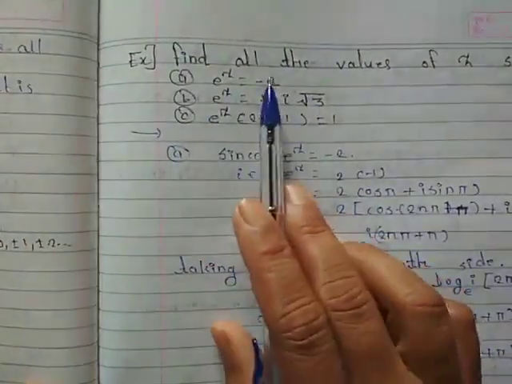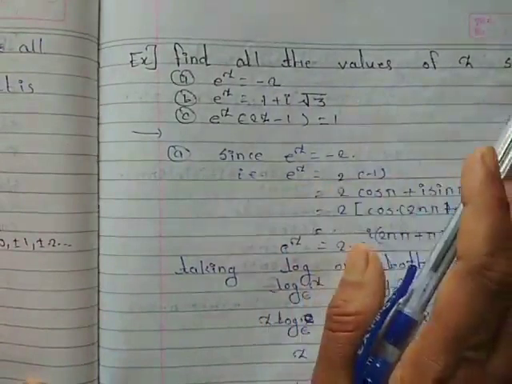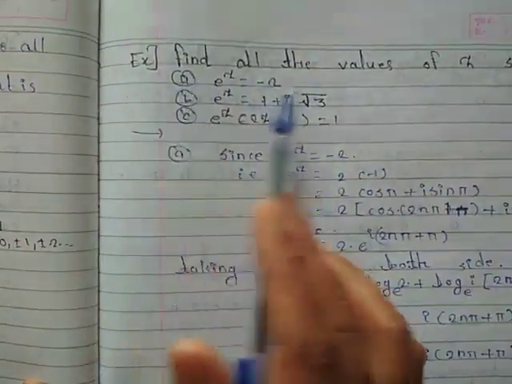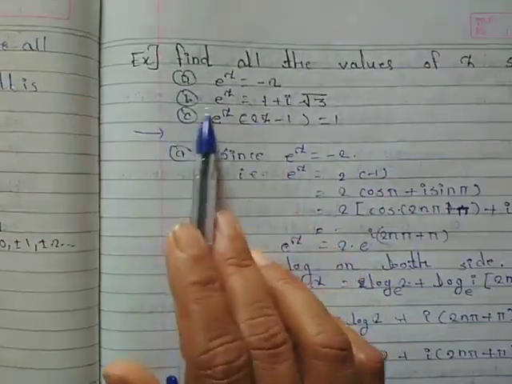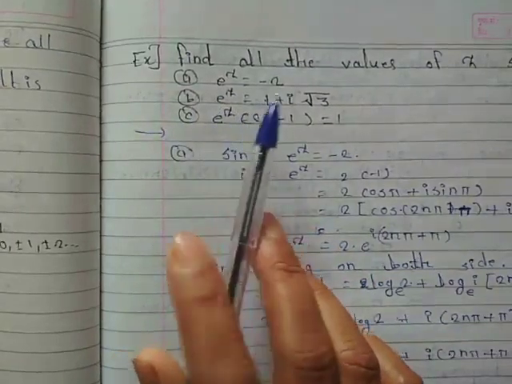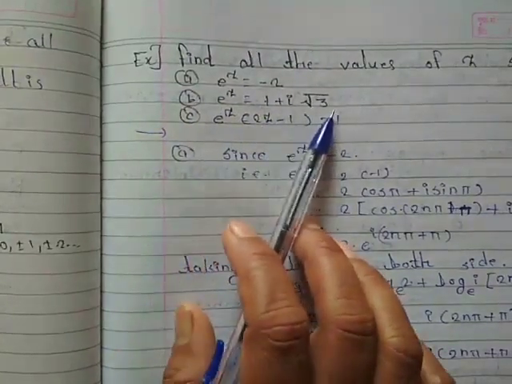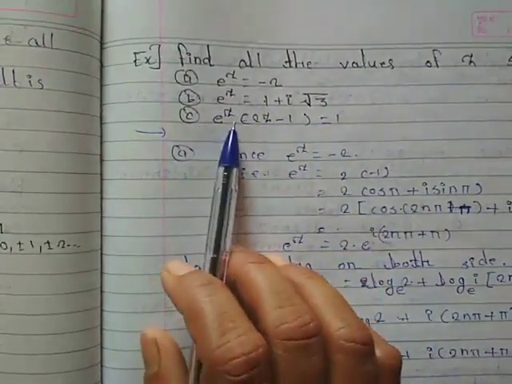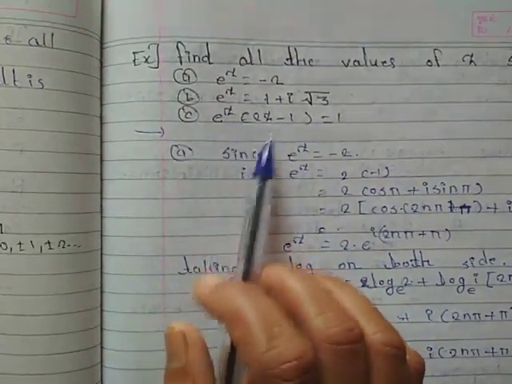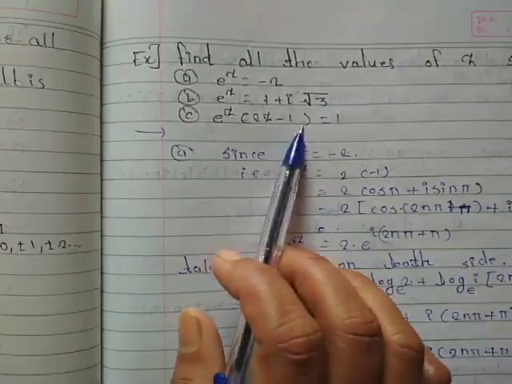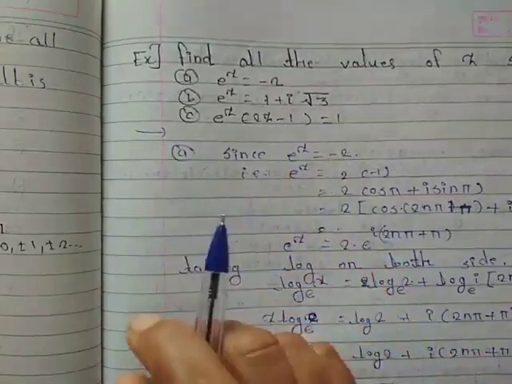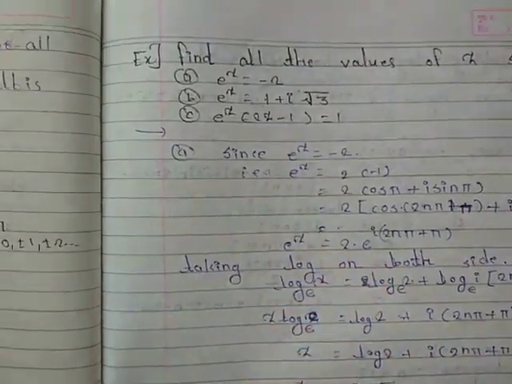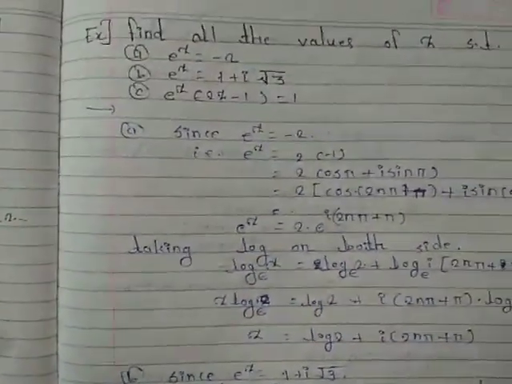Okay, let us see the next example. Find all the values of z such that a, e raised to z is equal to minus 2; b, e raised to z is equal to 1 plus i into root 3; c, e raised to z into 2z minus 1 is equal to 1. We will see the solutions one by one.